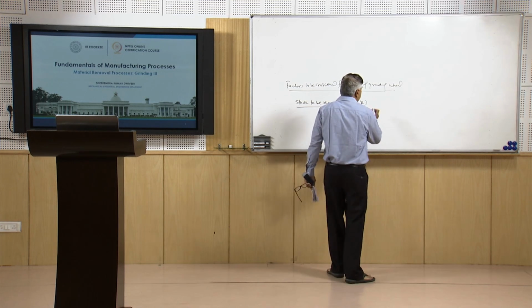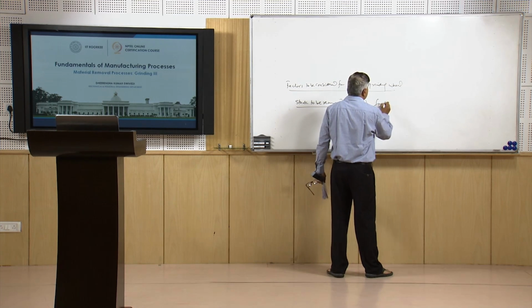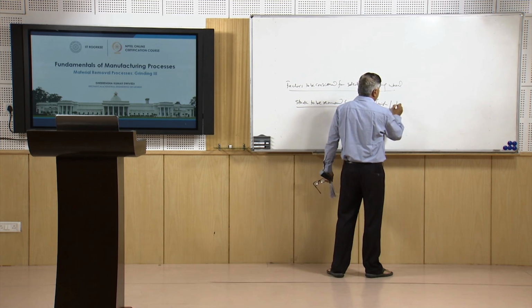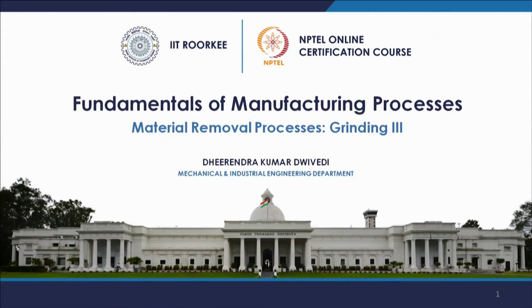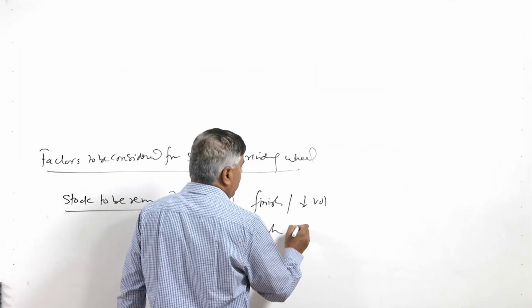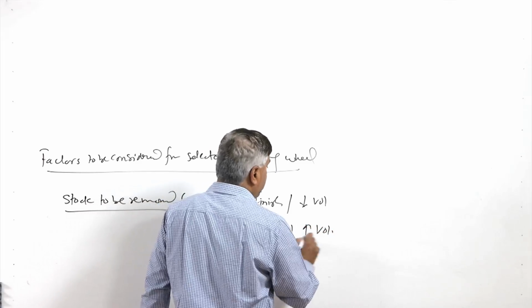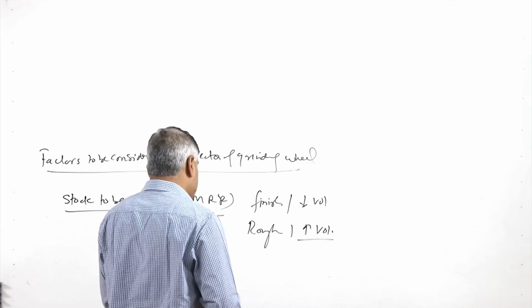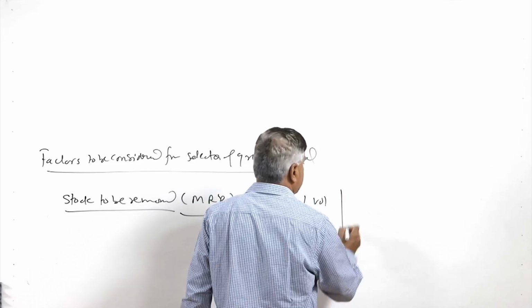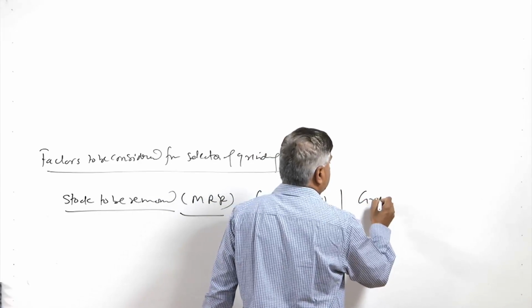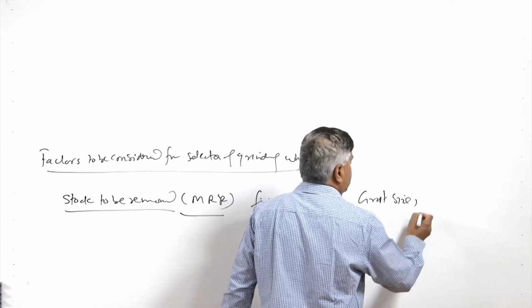If just finishing is to be done, then a very small volume of material will be removed, and if roughing is done, then the volume of material to be removed will be high. So, as per the case, there are two characteristics which are considered: one is the grit size, another is the structure.